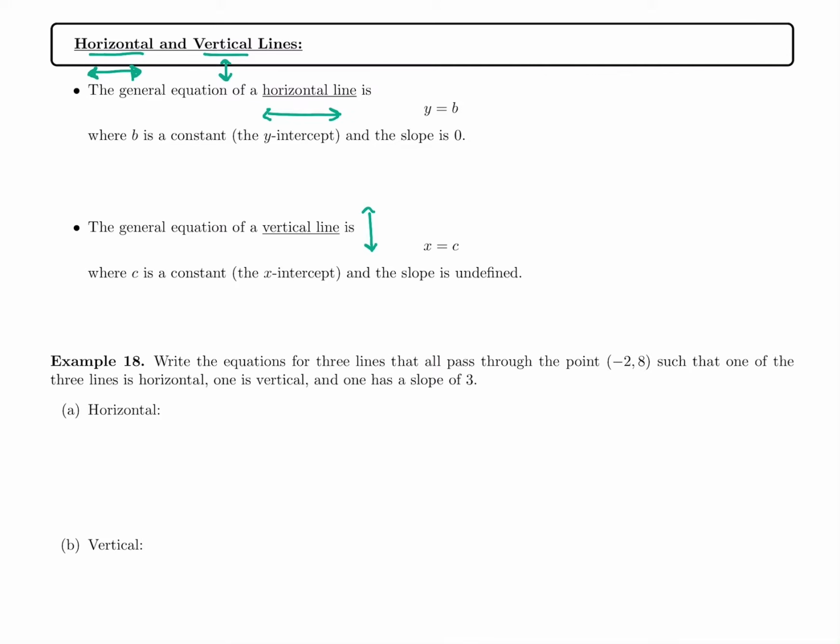So one way to help us memorize this is to give ourselves a nice little smiley face. So here is the part we already know, that a line like this is rising left to right. It has a positive slope. We've already looked at lines that are falling left to right. That has a negative slope. But now we're adding in two other lines. So one line is a vertical line.